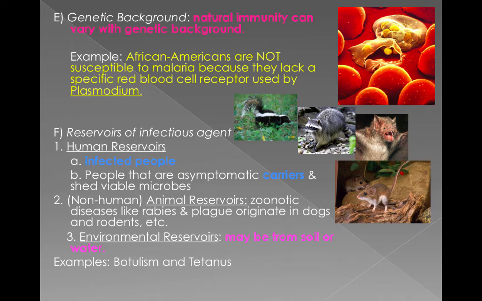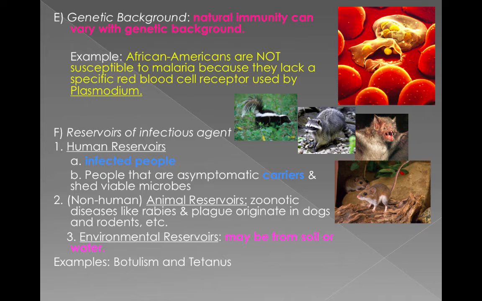Another example would be animal reservoirs, and those would be zoonotic diseases like rabies and plague that originate in dogs and rodents. A third type of reservoir would be environmental reservoirs. So that would be things like soil or water, like I stated at the beginning. Examples of these are botulism and tetanus.